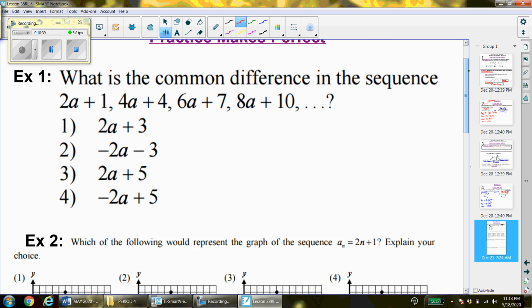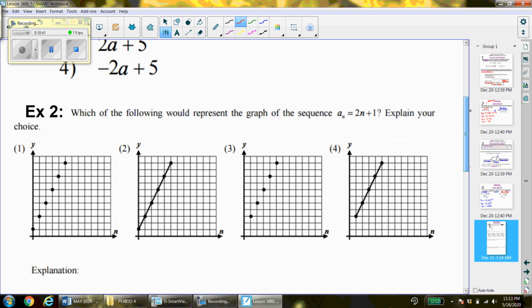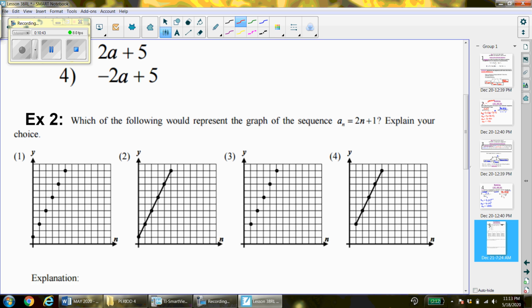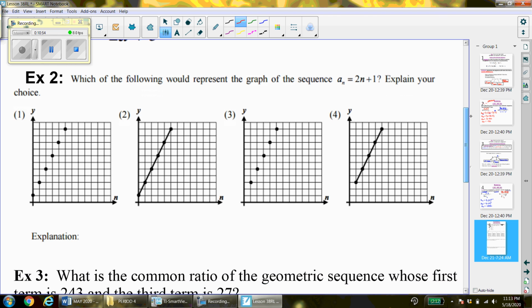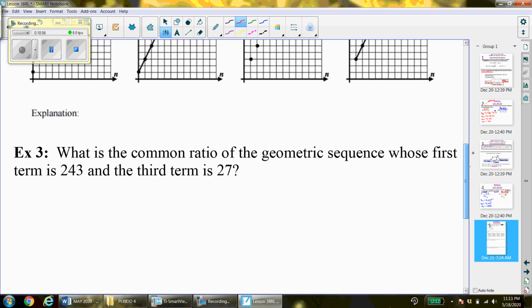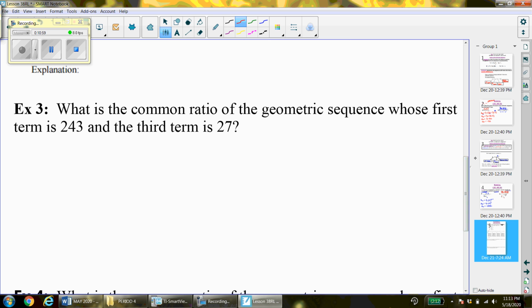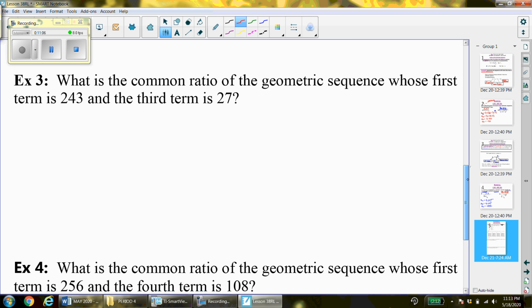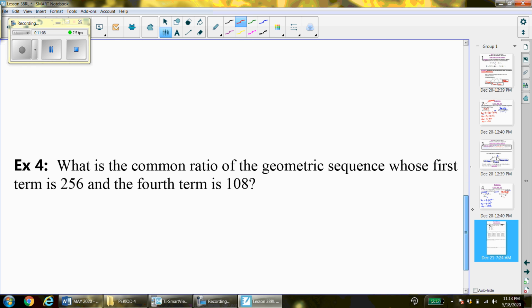Example 2 is also a multiple choice question, but you also have to explain your answer in words. Question 3, you work out the work the same way we just did with our 2 previous examples. And then question 4, you work out the work for that.